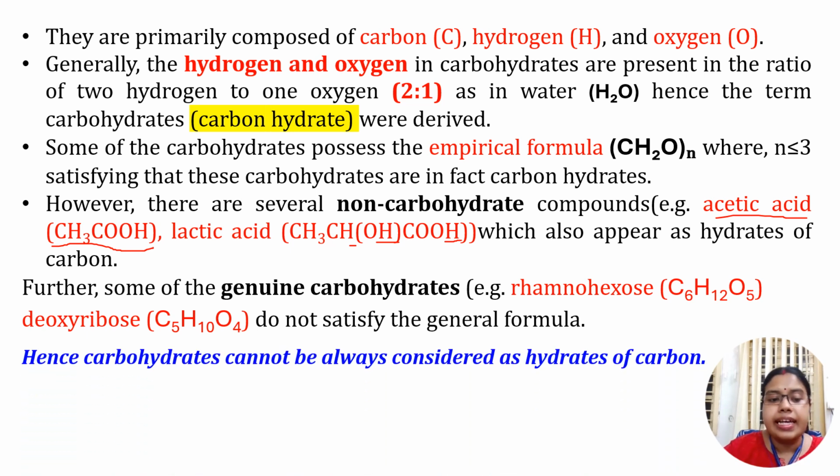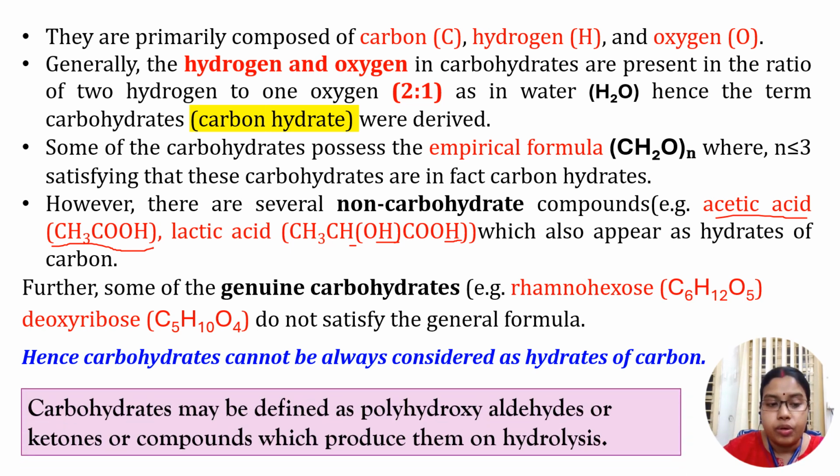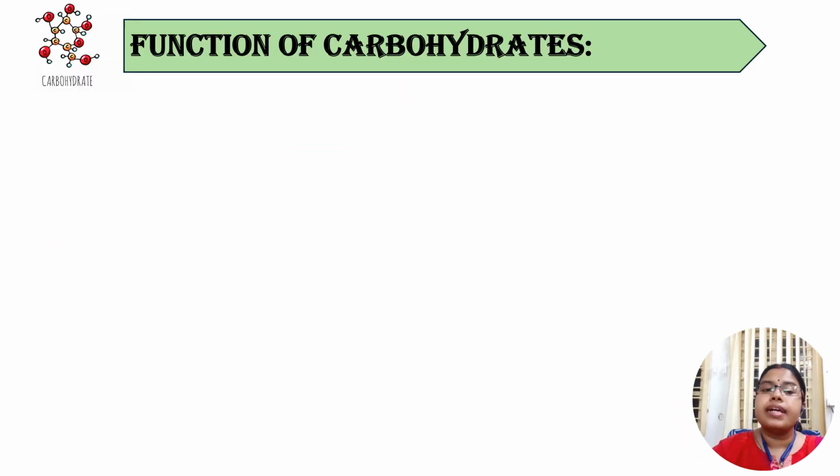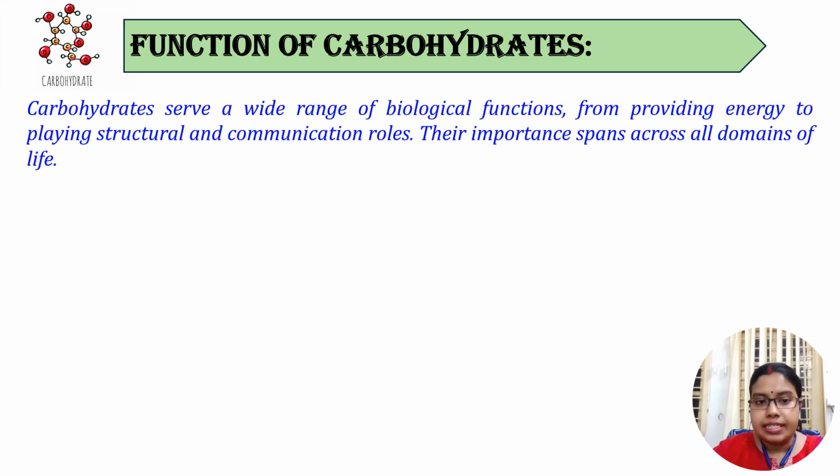So generally we can say that carbohydrates cannot always be considered as hydrates of carbon. We can define carbohydrates as polyhydroxyaldehydes or ketones or compounds which produce them on hydrolysis.